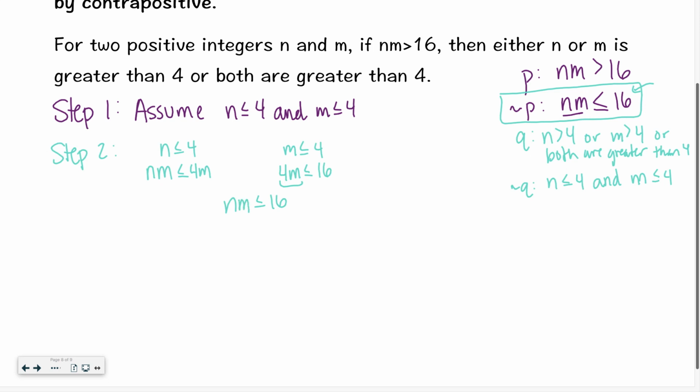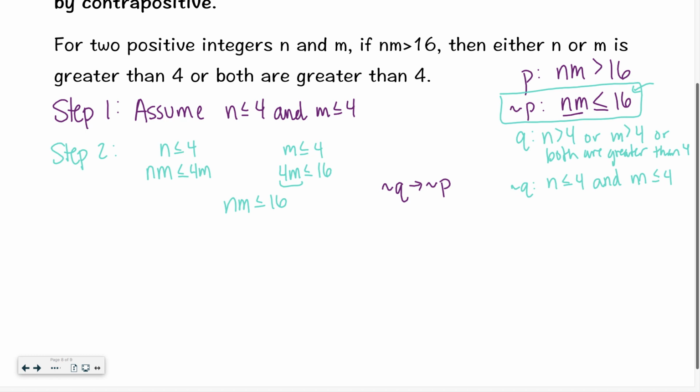So I just used algebra to manipulate those two inequalities in order to get them to match that not P statement. And since I was able to get it to match the not P statement, that means I was able to get it back in the form if not Q, then not P.